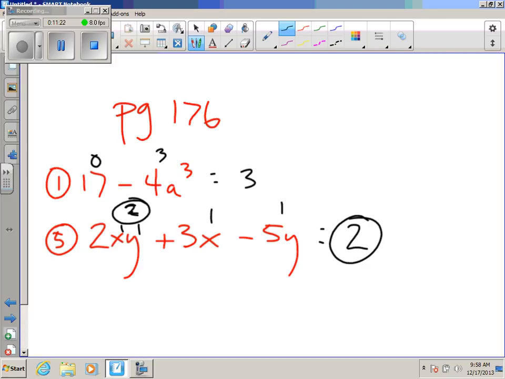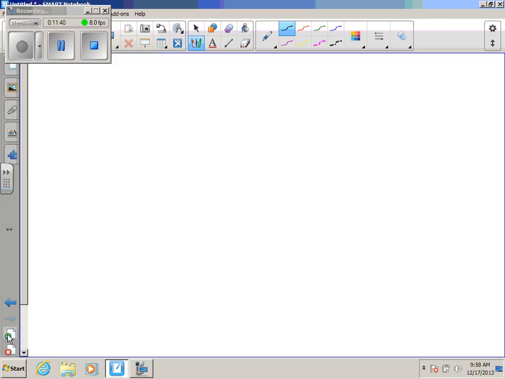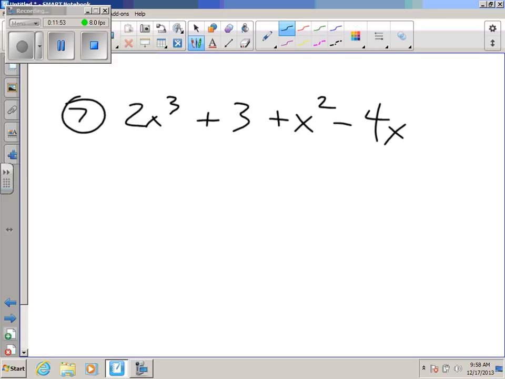7 through 10. Arrange the terms in each polynomial so that the powers of x are in ascending order. Ascending means what? Ascending going up, which would mean least to greatest. Very good. So let's take a look at number 7 together. Least to greatest in terms of powers of x.